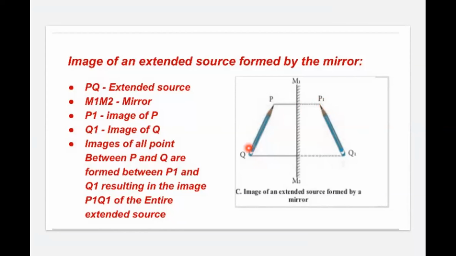Similarly, if you come to this point Q, which is the end of the pencil, the ray of light coming from this point is incident on the reflecting surface of the plane mirror. If the line is produced in the backward direction at the same distance at which this point Q is situated, we take the same distance at the backside of the plane mirror so that at some point I'll get this point as Q dash.